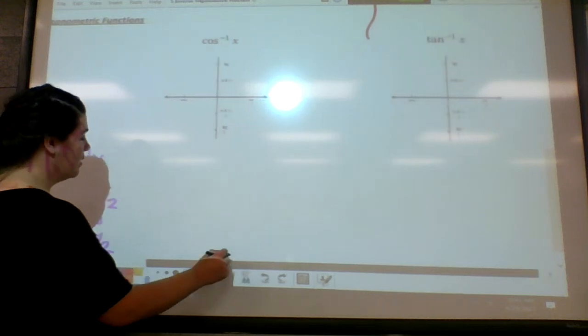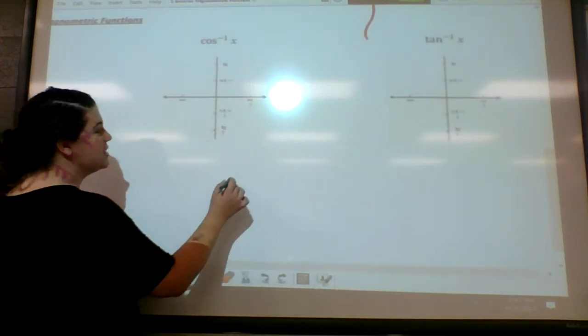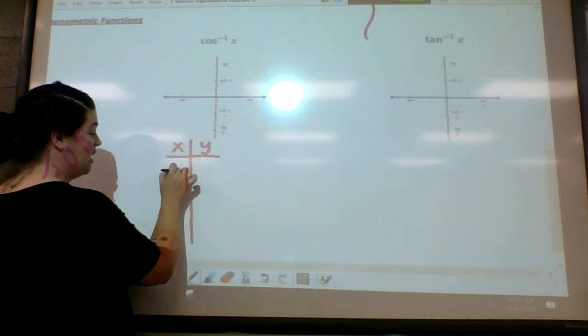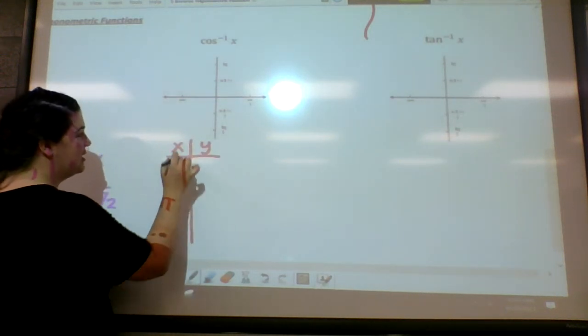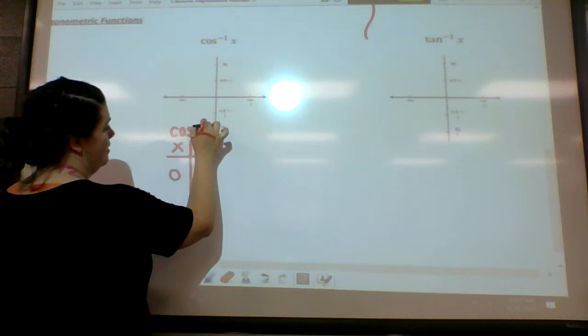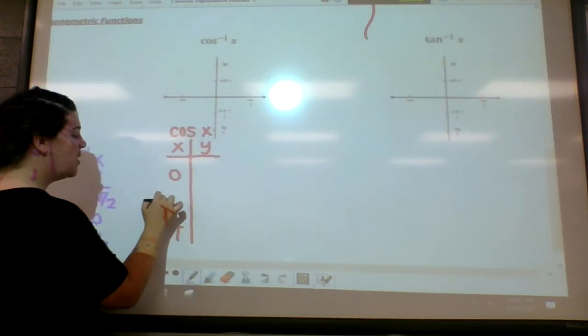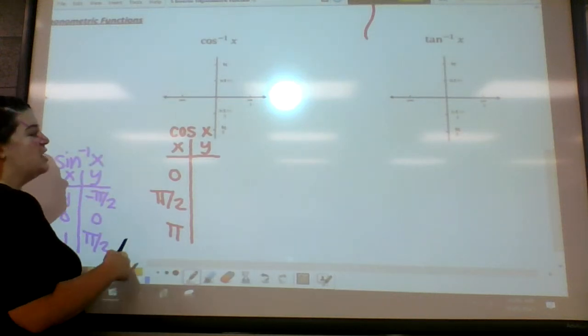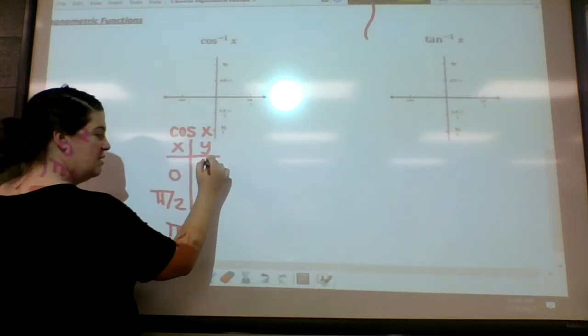All right, let's talk about cosine inverse. Well, cosine inverse is restricted between where? 0 and pi. So let's talk about the cosine between 0 and pi. It also hits pi over 2, doesn't it? That's between 0 and pi. So what's the cosine of 0? That is 1.